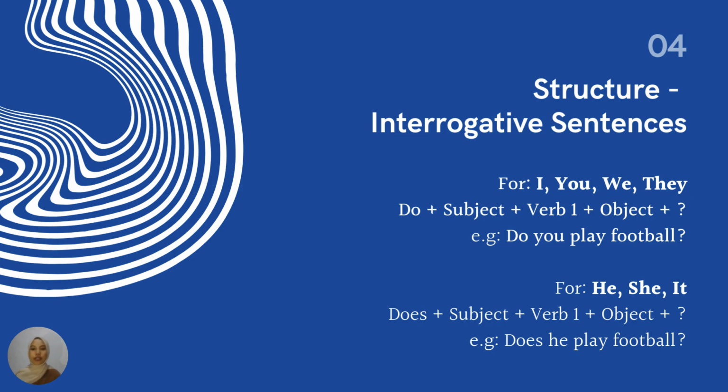And then for subject he, she, and it, the form is does plus subject plus verb one plus object and question mark. For example, does he play football? Or does she play football? Like this, you can change the subject.